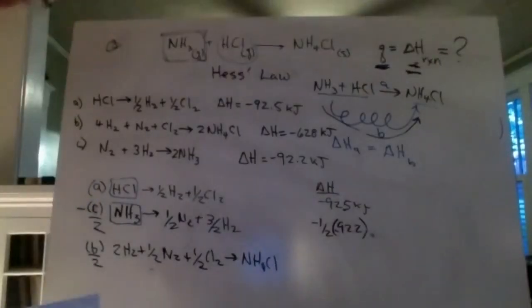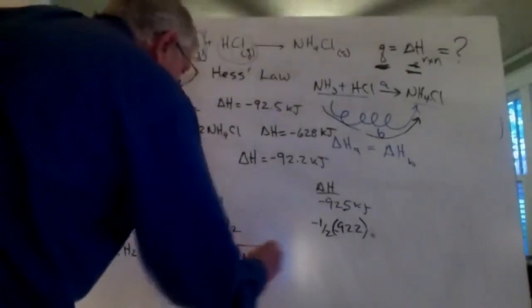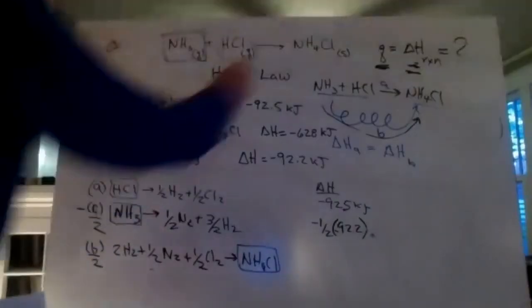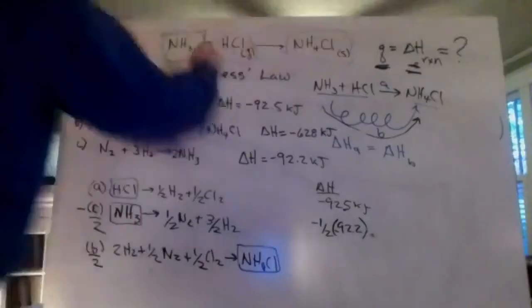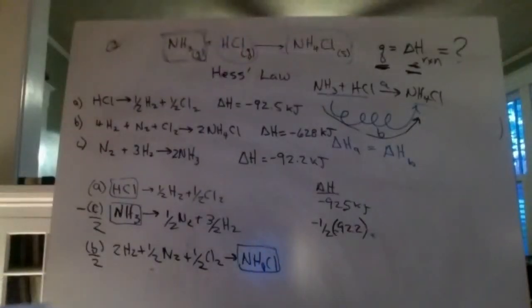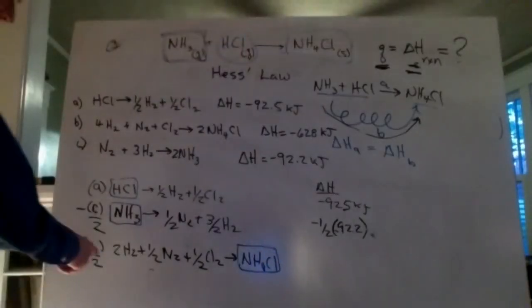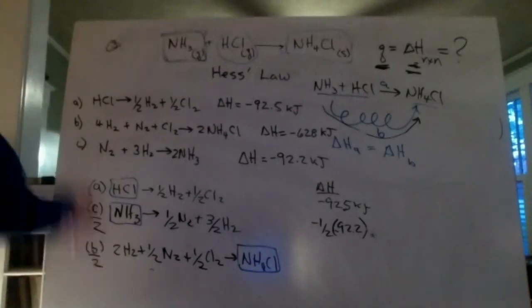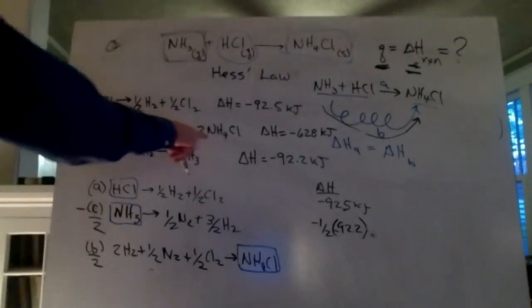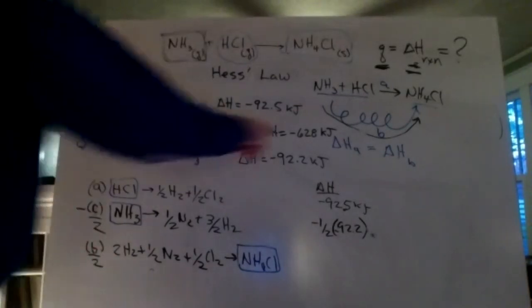And that gives us the 1 mole of ammonium chloride that we need to recreate that balanced equation. Now, what have we done to equation B to get that? We've divided it by 2 to get that 1 mole of ammonium chloride. So we divide its heat energy by 2. So we'll have negative 628 divided by 2 kilojoules.